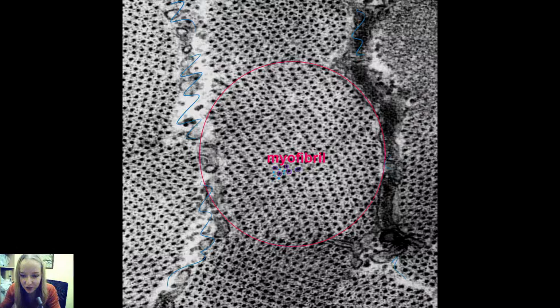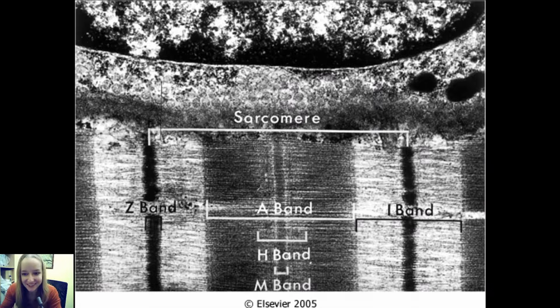So the correct ratio is rather 1 to 3 or 1 to 2, 1 to 3 probably. And you can see this arrangement is so regular. It's sometimes called paracrystalline. It's like crystal. It's described as a crystalline structure, and that's because it's so nice.